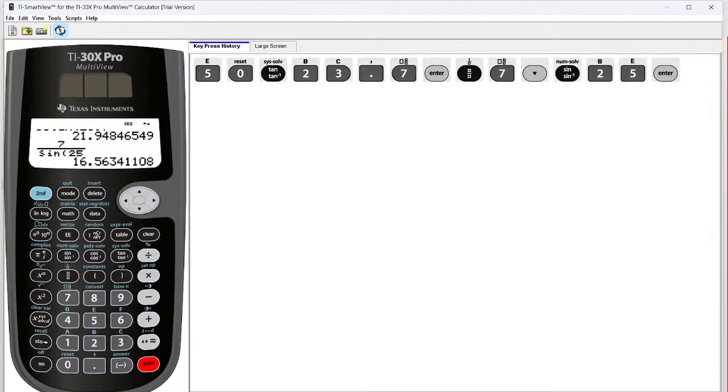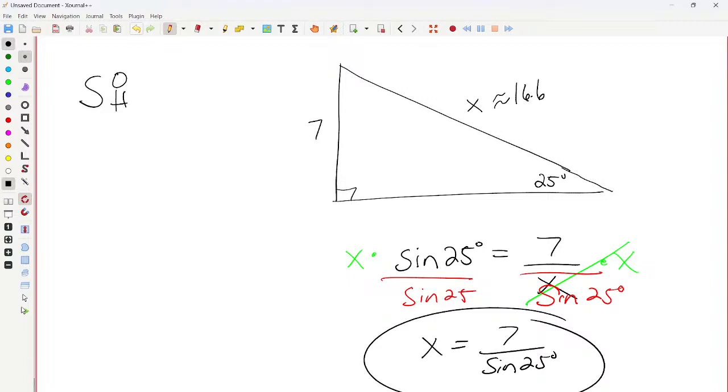I'll leave it at that. I can't even help myself. Oh my gosh. Why does a circle have 360? That's actually a very interesting question.